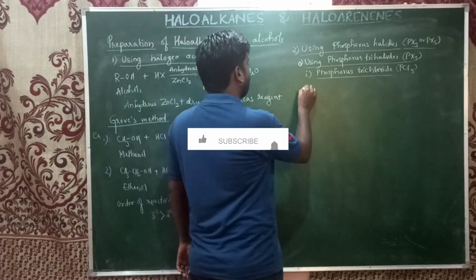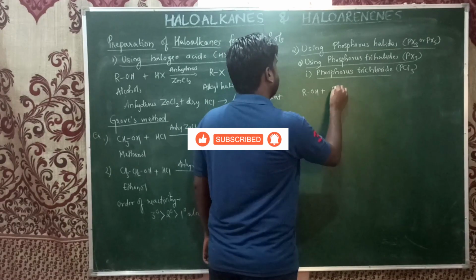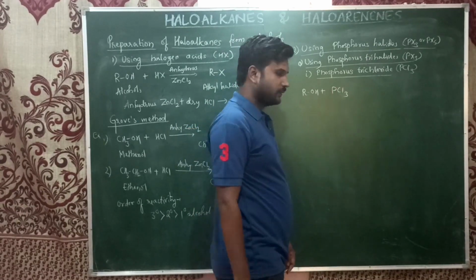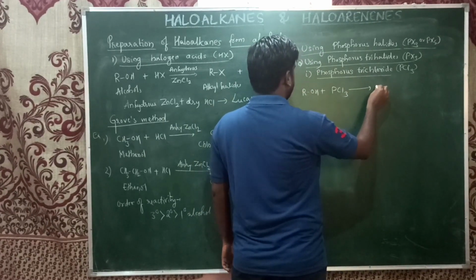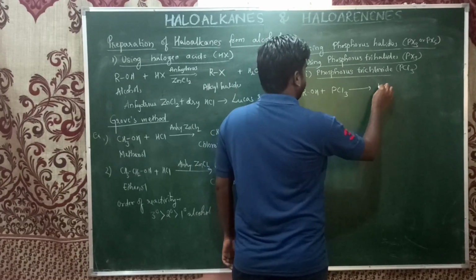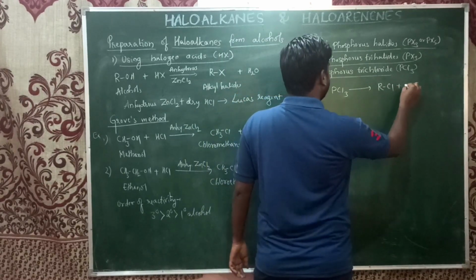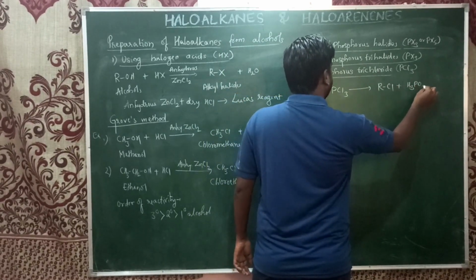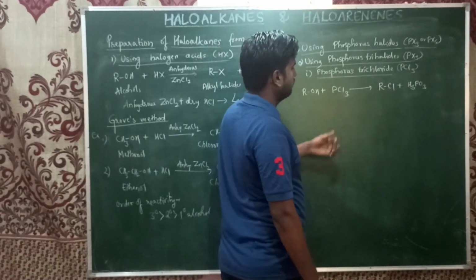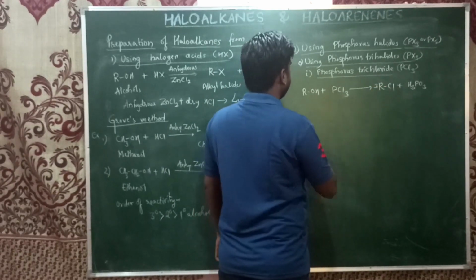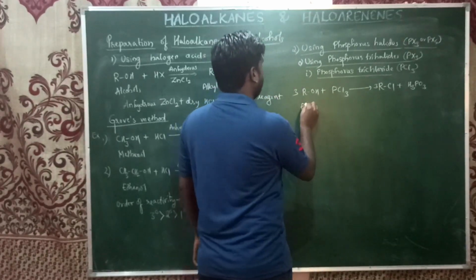When alcohol reacts with phosphorus trichloride, it gives us haloalkane, that is chloroalkane here, along with H3PO3, phosphorus acid. So 3 chlorides here, and here also 3, and 3 H. It is balanced now.